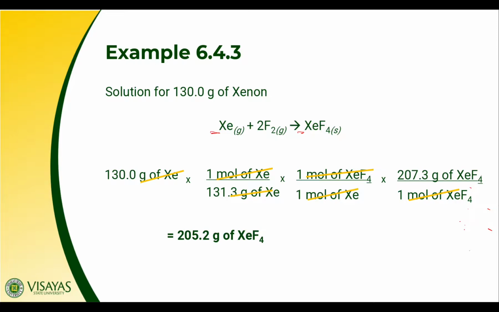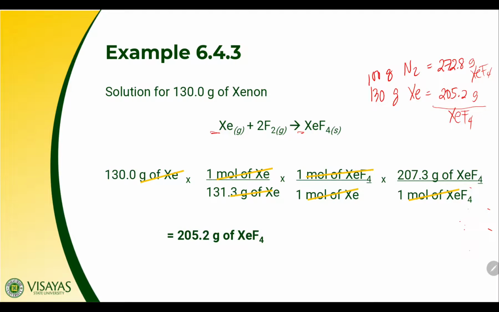So let's recap. Using 130 grams of xenon, we get 205.2 grams of xenon tetrafluoride. And using 100 grams of fluorine, we get 272.8 grams of xenon tetrafluoride. Okay, so the lesser amount here is 205.2 grams.